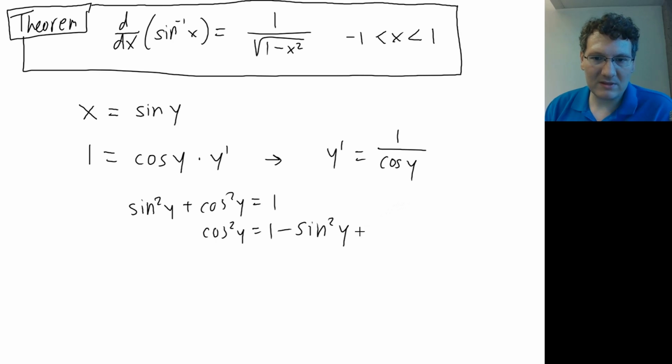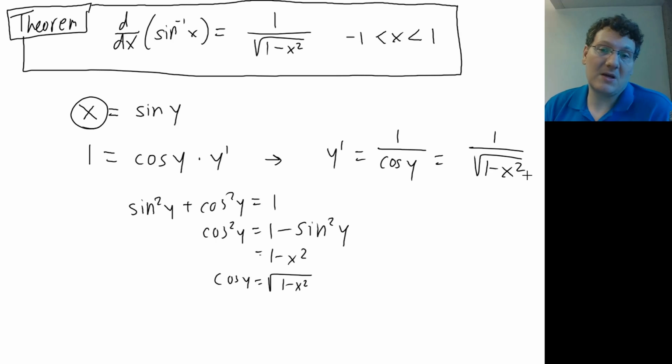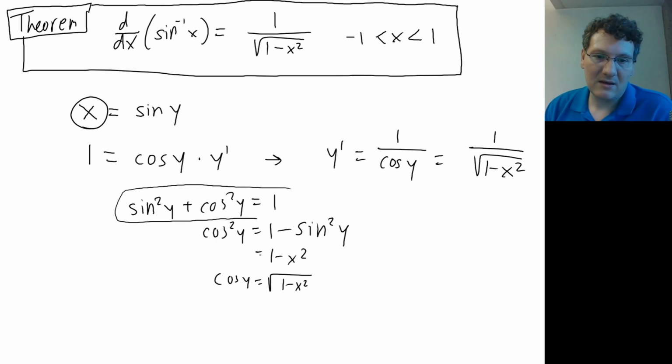Well, what's the sine squared of y? That's x squared, because the sine of y is x, so that's 1 minus x squared. That means the cosine of y is the square root of 1 minus x squared. So this is 1 over square root of 1 minus x squared. That's what this comes from: implicit differentiation and this Pythagorean identity.